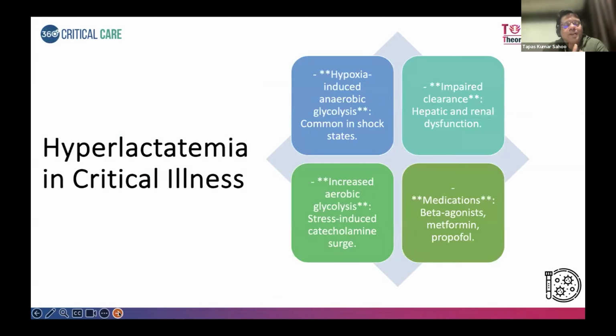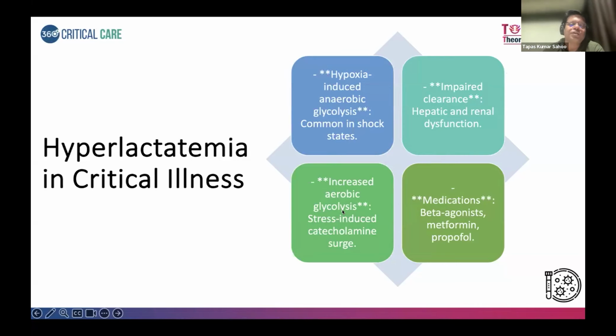How does it actually have clinical relevance in the ICU? Hypoxia-induced anaerobic glycolysis is common in shock states, all types of shock. It is not only septic shock, but also cardiogenic shock, neurogenic shock, and anaphylactic shock. Now, impaired clearance is normally associated with hepatic and renal dysfunction, because these are the two organs that metabolize lactate to a great extent in normal physiological conditions.